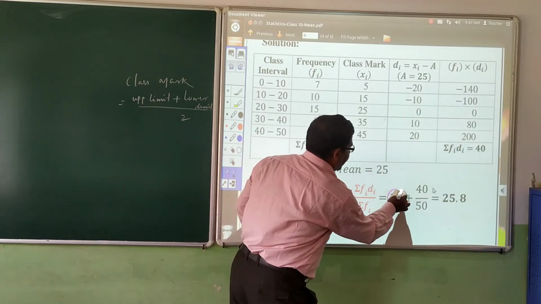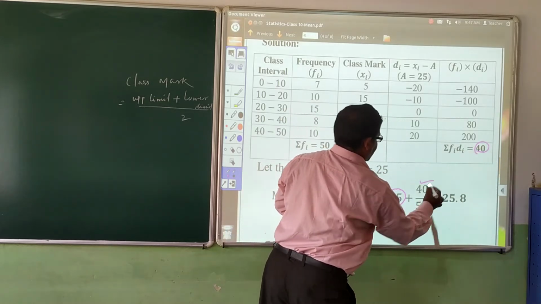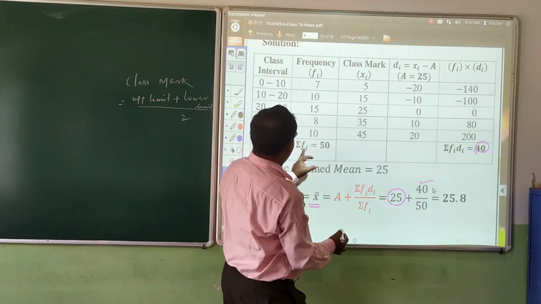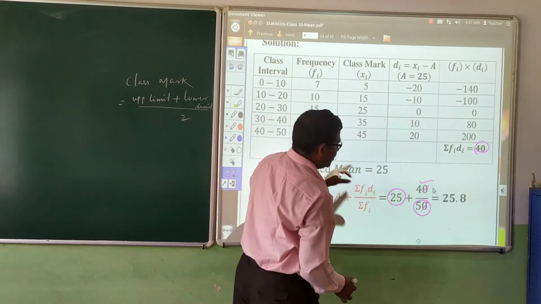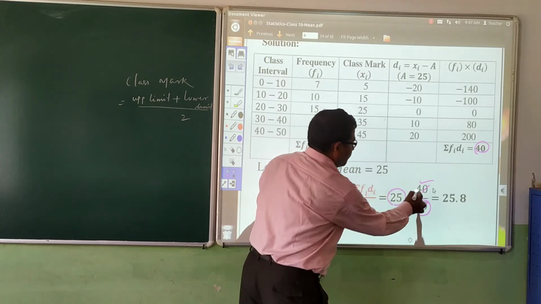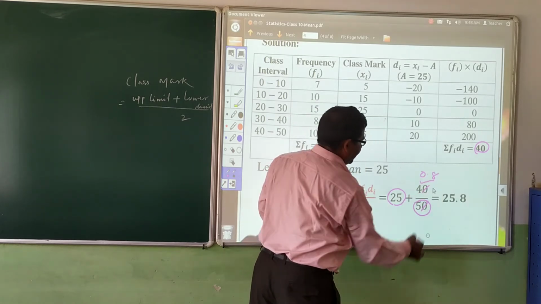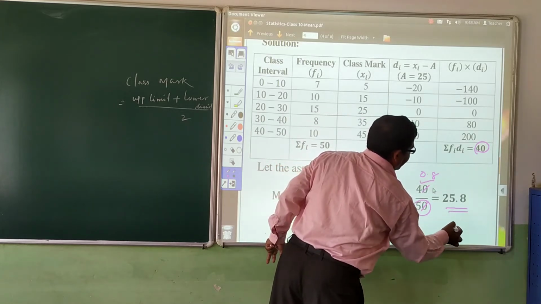So A equal to 25 plus sigma fi di equal to 40, so this is 40 by sigma fi equal to 50. So the 0 will be cancelled. So 25 plus 4 by 5, 4 by 5 equal to 0.8. So 25 plus 0.8 equals 25.8.